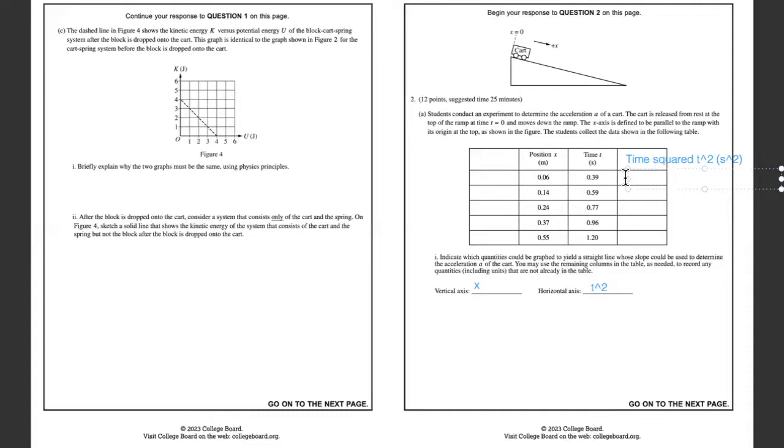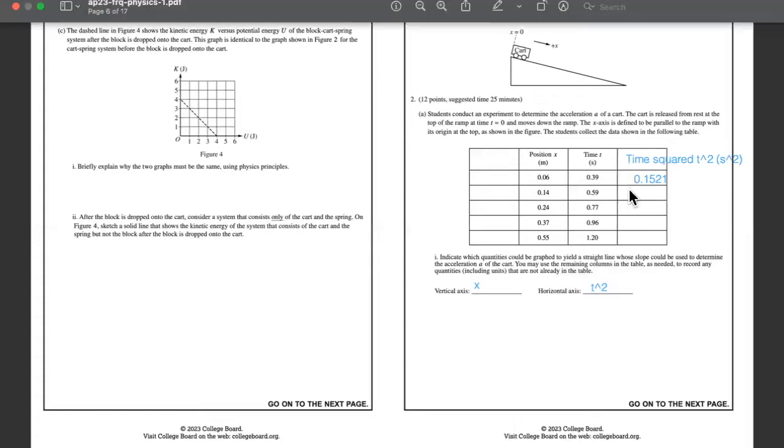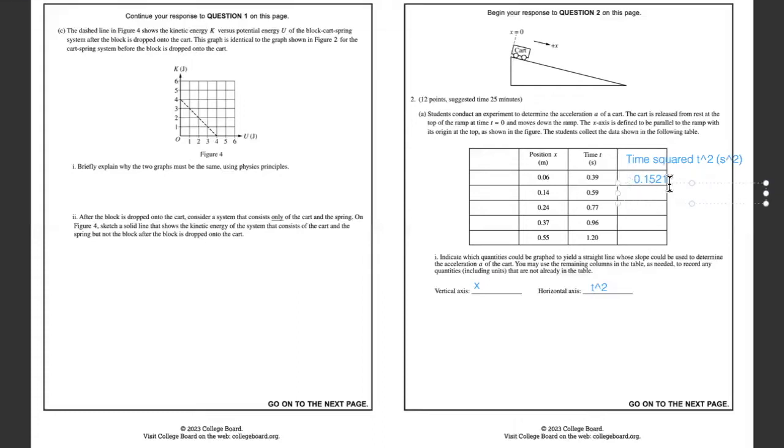So if I go ahead and do that, 0.39 squared is going to give me 0.1521. You do actually have to fill out all of these data points. I know that it's a little bit tedious, but the question does say that we have to. 0.3481 for the next one.